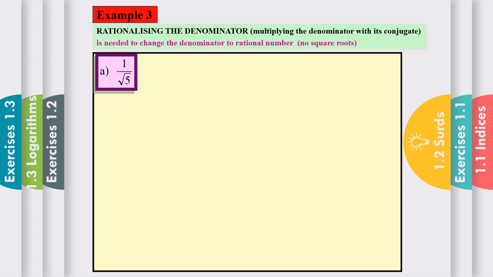Example a, if we have 1 over square root 5, we can write it in terms of a over b. What to do is identify the conjugate of b. For this case, the conjugate of b is the same number, square root of 5.